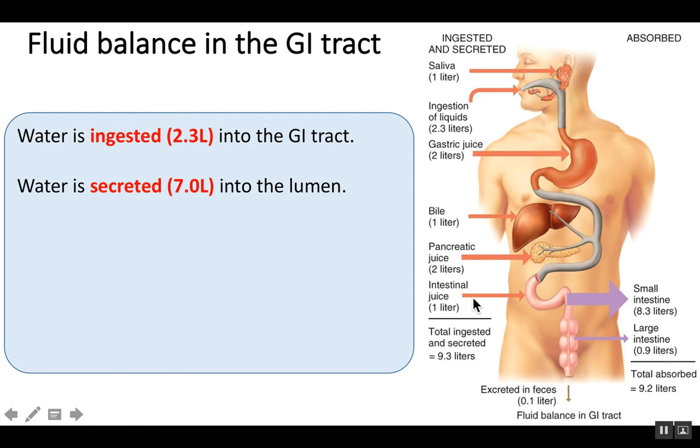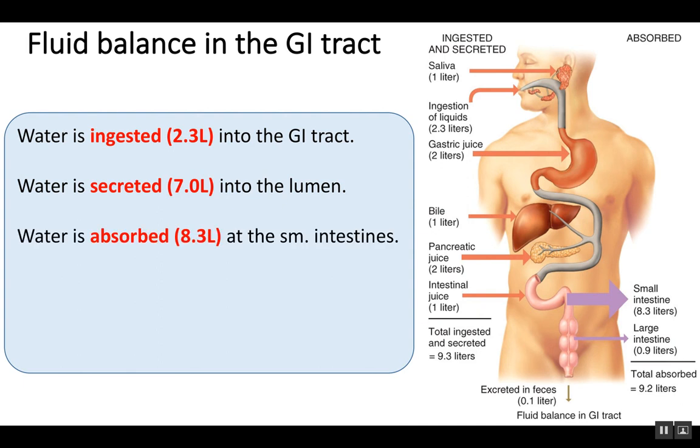So this is all the water other than the water you ingest that goes into your GI tract. Now that's a lot of water. And we don't want all that water to leave the GI tract. So we need to absorb a lot of this water.